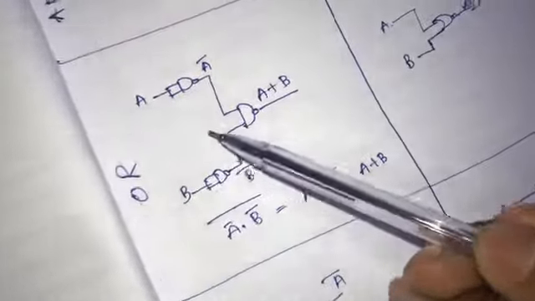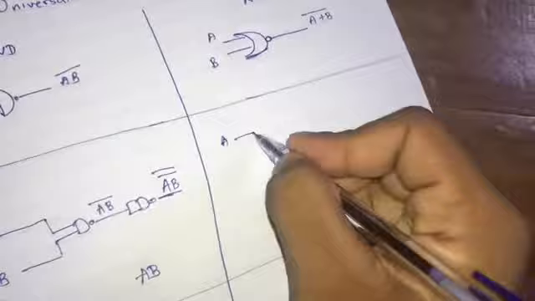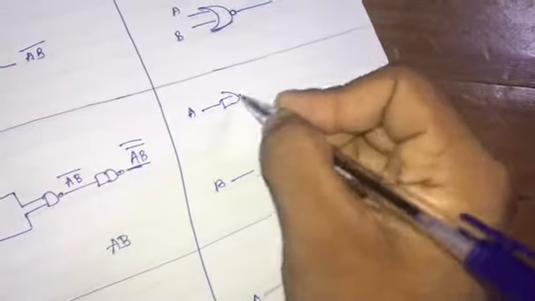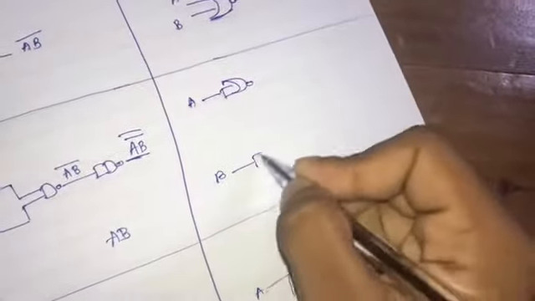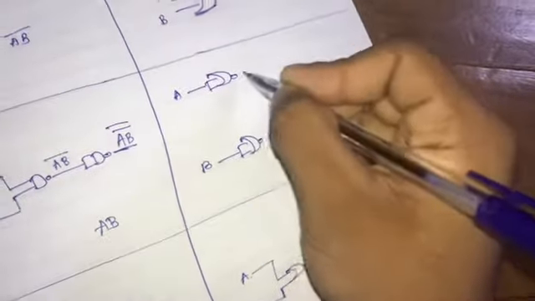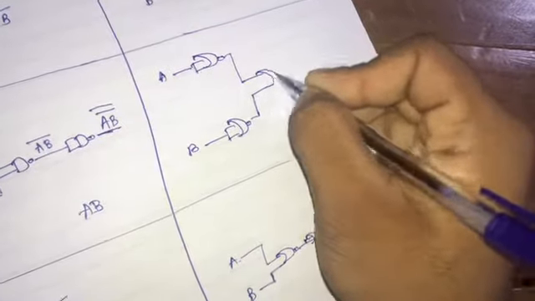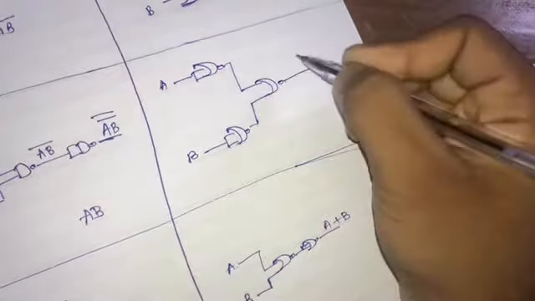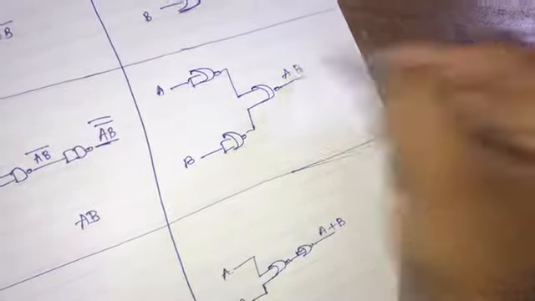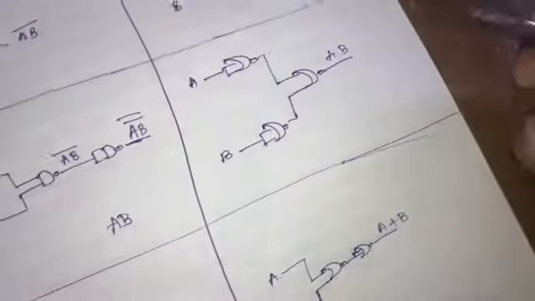Okay, so it's the same way that you have to draw for AND using NOR, right? So it's like this: A, B. Right, so this is how it happens.